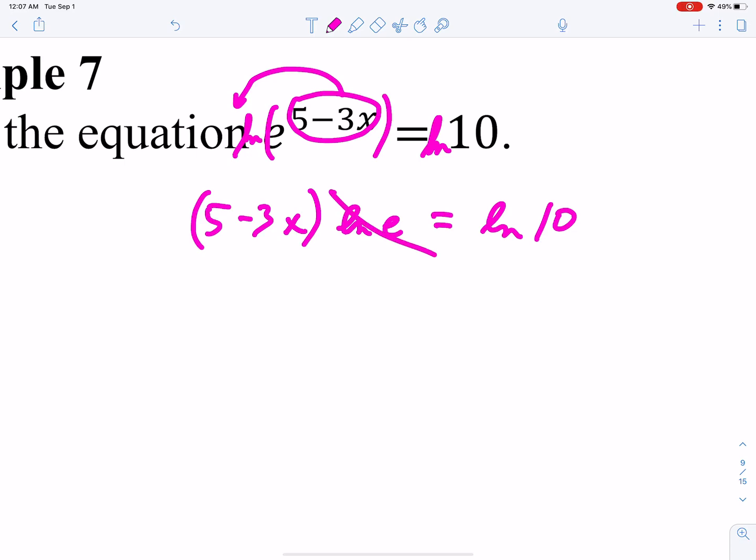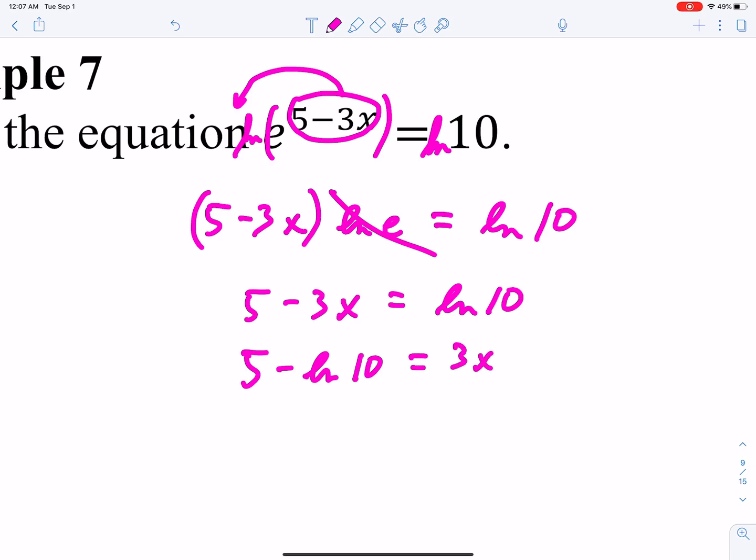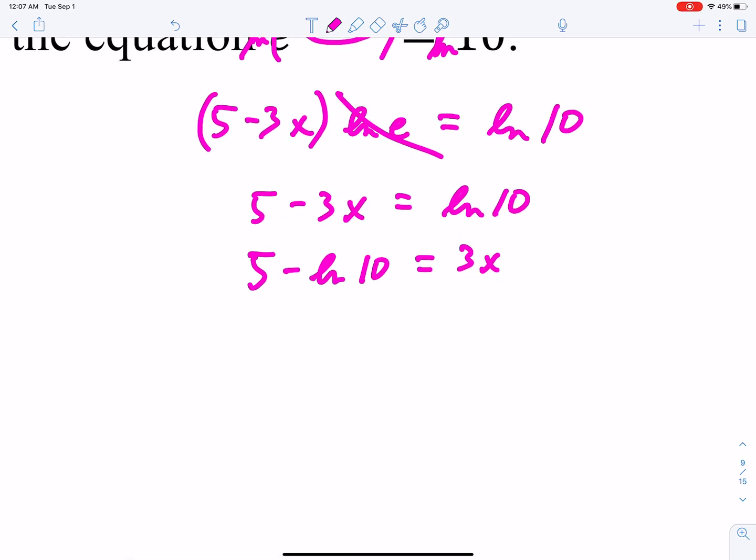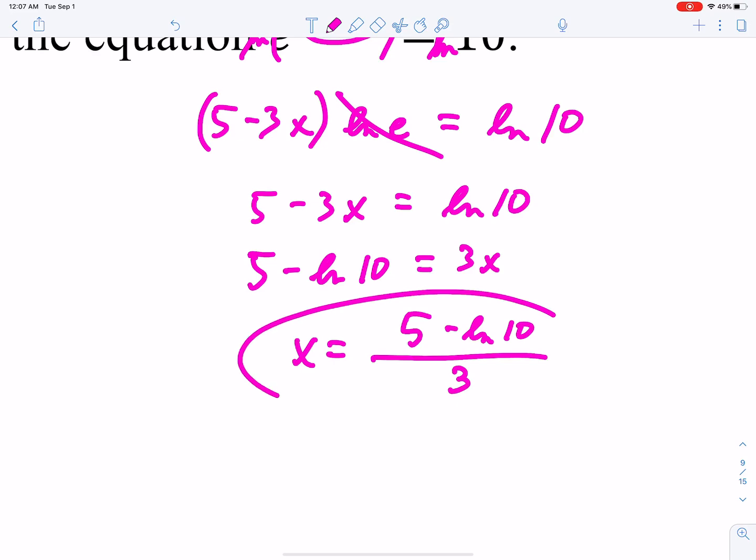So that's gone. So now this is just plain old algebra here. We know how to do this. It doesn't matter how you do it. There's several options. I'm going to add 3x to both sides and subtract natural log of 10. And then, of course, divide everything by 3. So x equals 5 minus natural log of 10 all over 3.